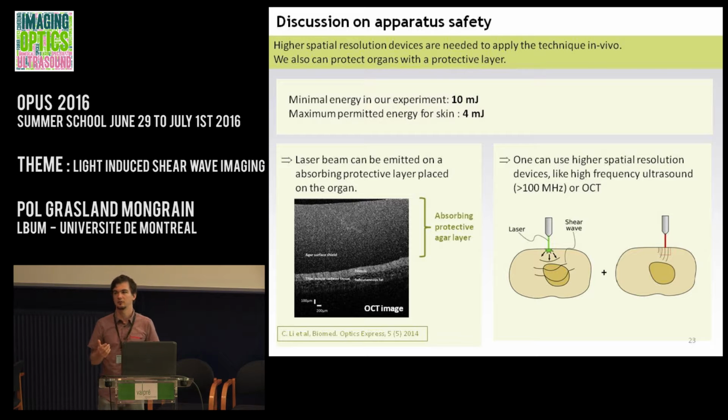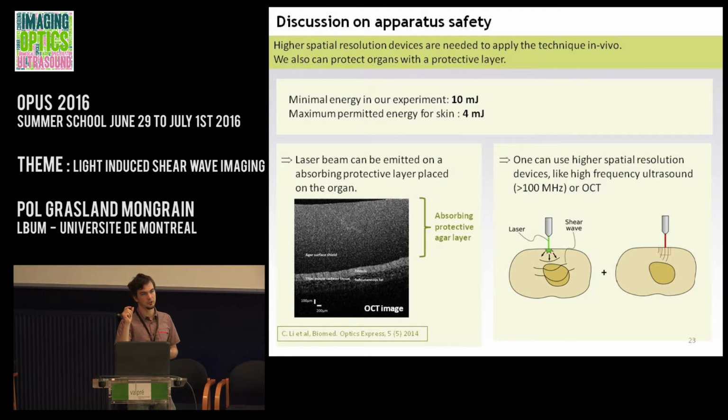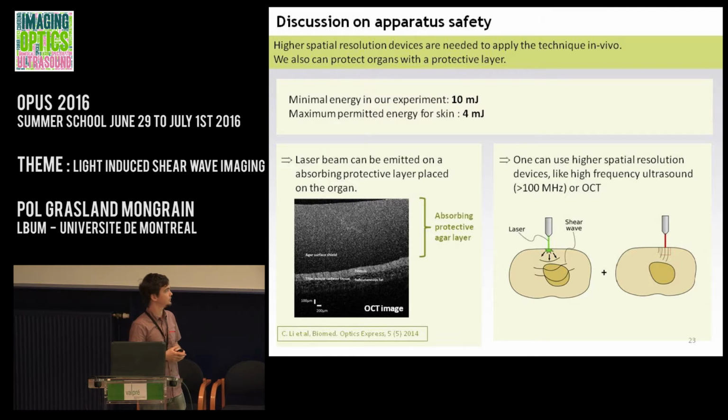But in practice, if we can access the organ, maybe we don't need to make non-invasive imaging. Another way to solve this problem would be to use a higher spatial resolution device like high frequency ultrasound or OCT imaging, because this would allow us to measure very small displacements, so we could use a lower energy laser to measure the displacement.